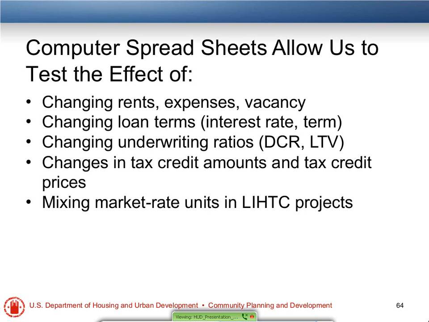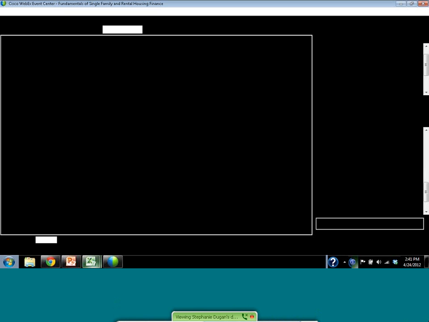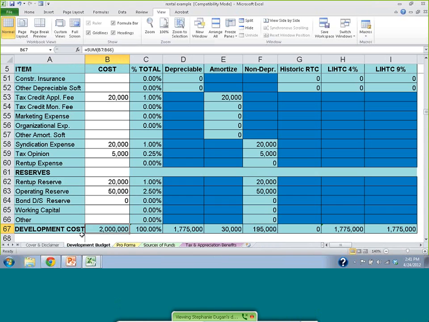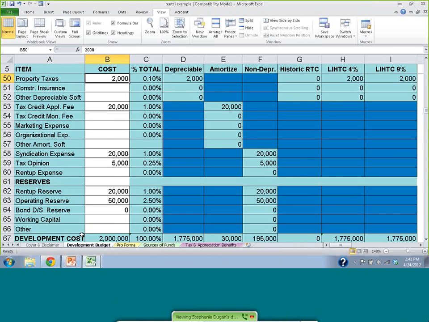I'm going to share my desktop again and pull up the rental housing spreadsheet. And this is the development budget for the rental housing spreadsheet.